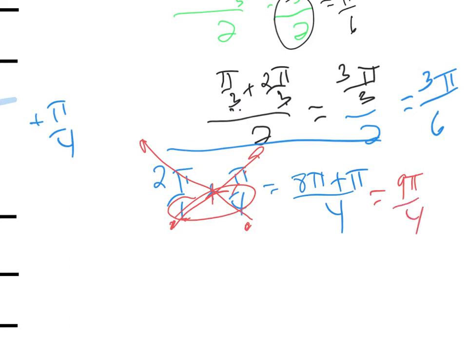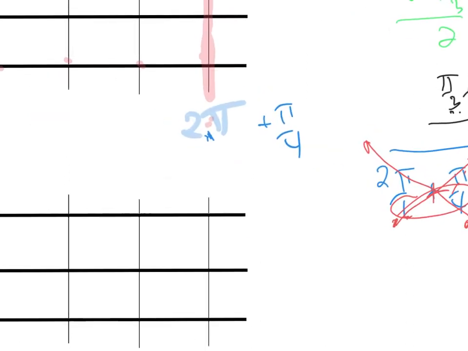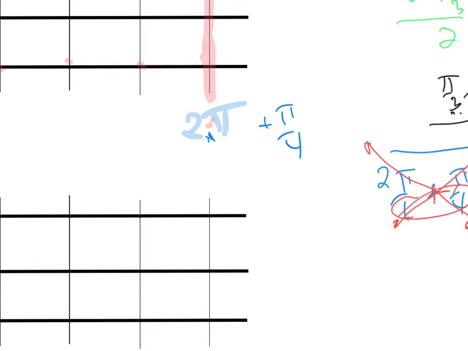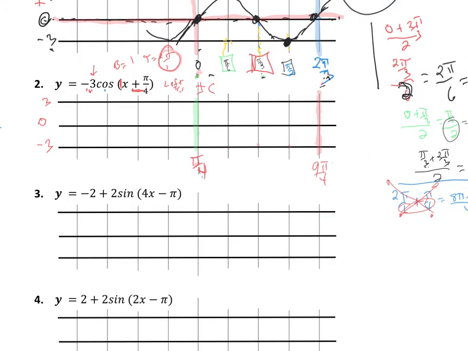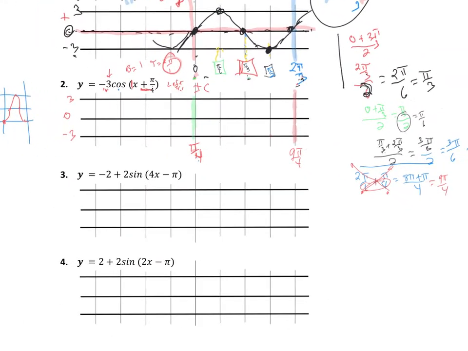It doesn't look very pretty, but I'm sorry. So let me erase this chicken scratch that isn't helping me anyway. The answer was 9 pi over 4, so I'm going to put 9 pi over 4, because that was the sum. Yes, it is. All right. I'm halfway there. I'm halfway done. Here goes.